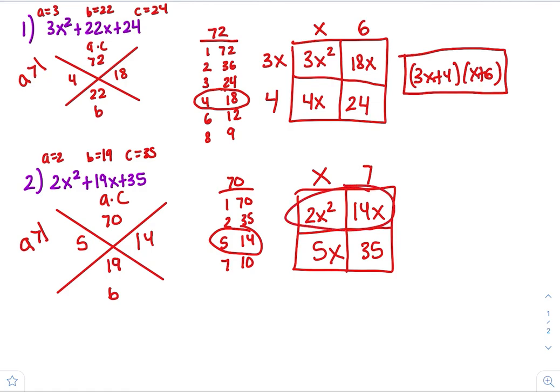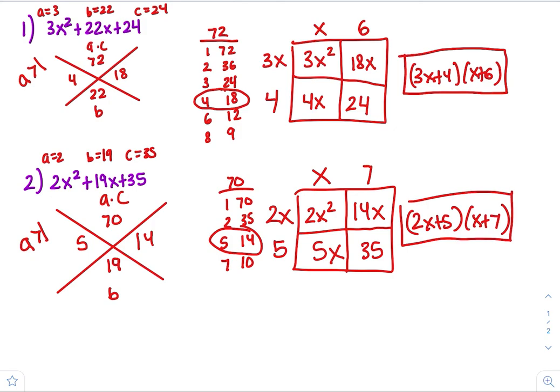Look at the row, 2 and 14: you can factor out a 2, and from x squared and x you can pull out an x. And right here, the coefficients 5 and 35, the biggest number you can pull out is 5. So there's our factors: 2x plus 5 times x plus 7. And that is how you factor when a is greater than 1.